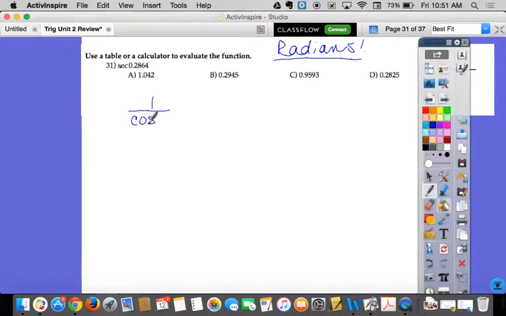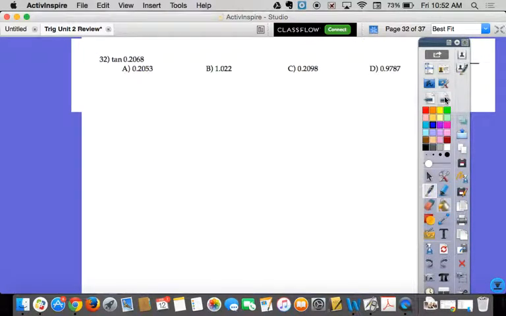So we're typing 1 divided by cosine 0.2864. The zero is not necessary. So 1.042, and it actually does 46, but this will work just fine. Option A.